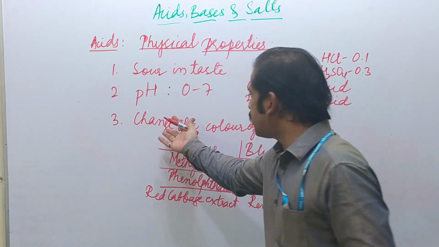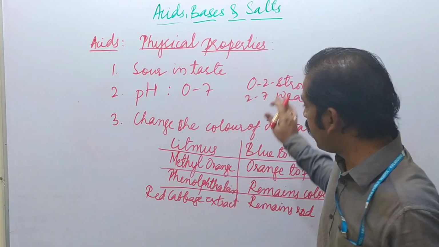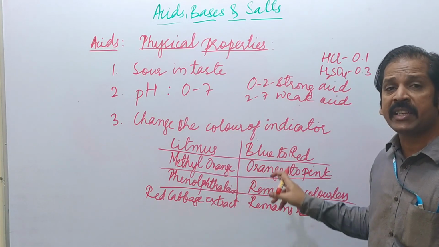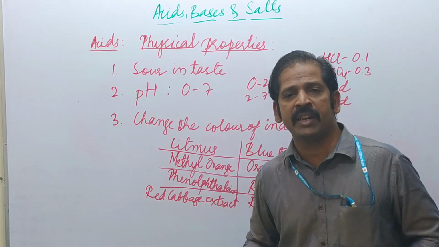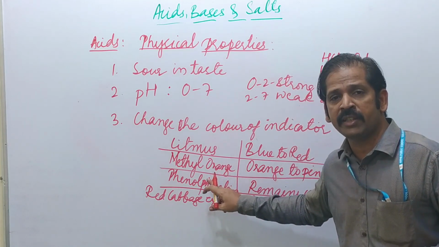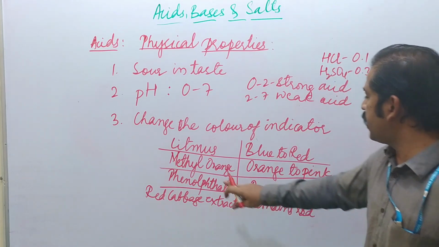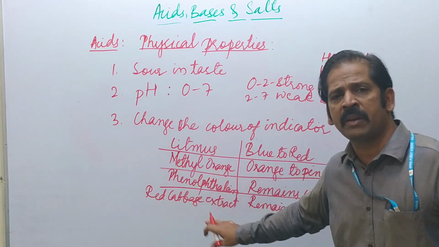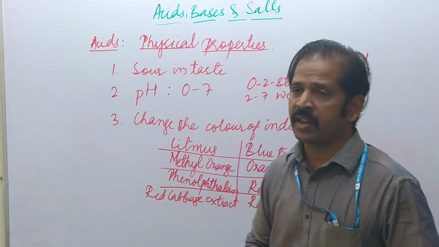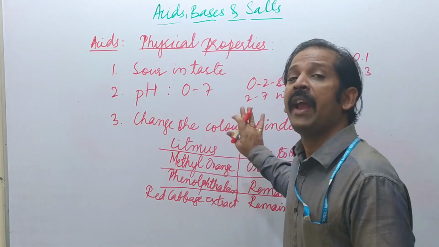These acids will change the color of indicators, where litmus changes from blue to red except carbonic acid, which will turn pink. Next is methyl orange. It turns from orange to pink. Third is phenolphthalein, which will remain colorless. And the fourth is red cabbage extract, which remains red as usual in the acidic medium.